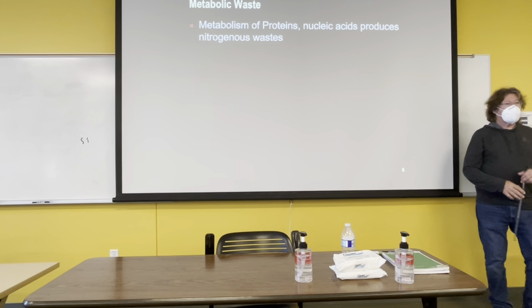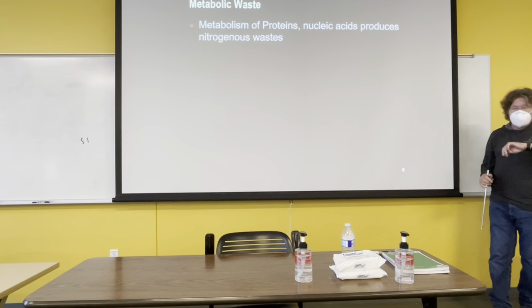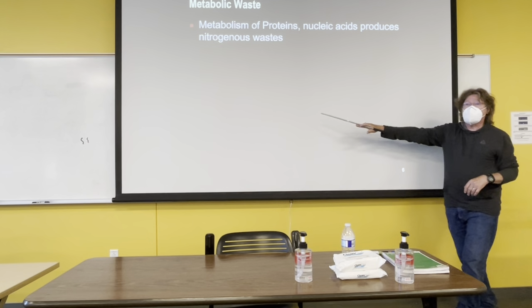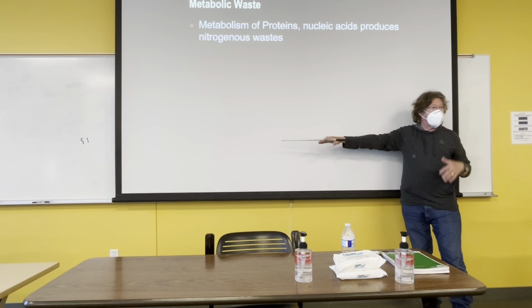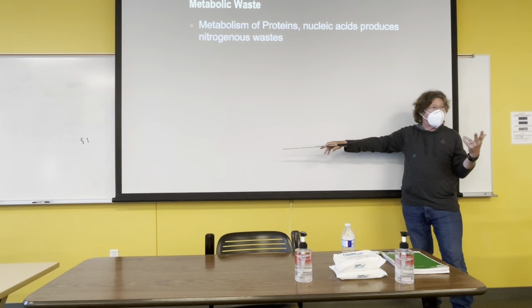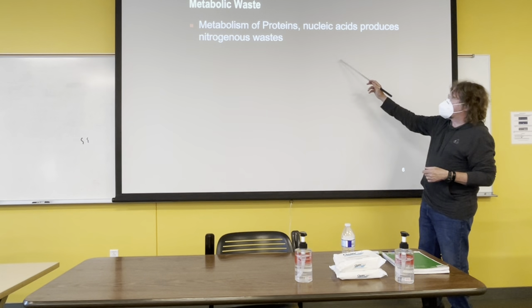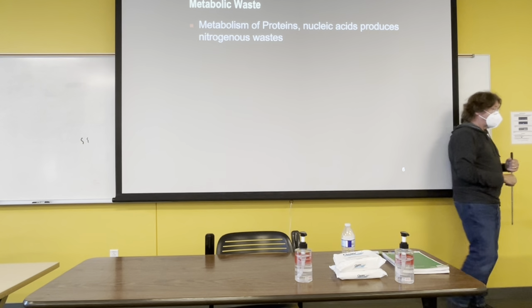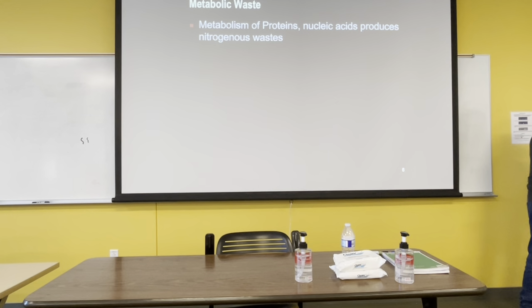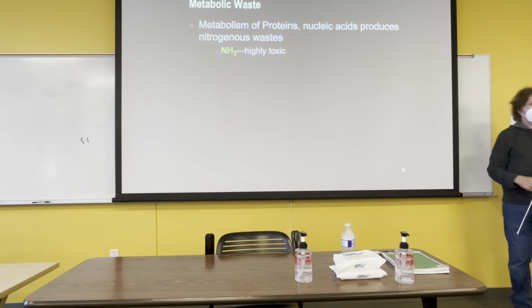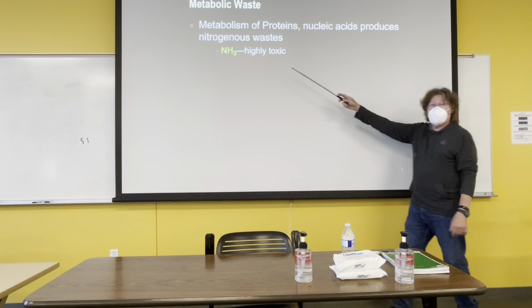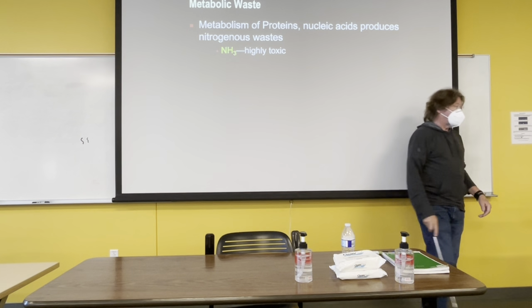Now, I don't have a lot of time left, but there was osmoregulation, regulating the ion composition of the body and the water content. But we also have metabolism of protein and nucleic acids, producing ammonia. Okay, these are from amine groups, and it's highly, highly toxic.